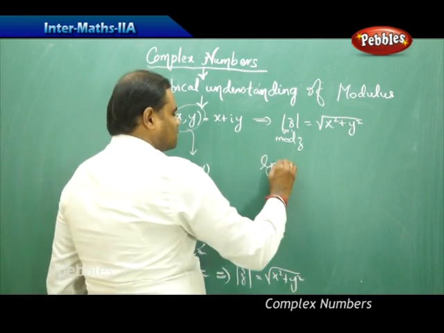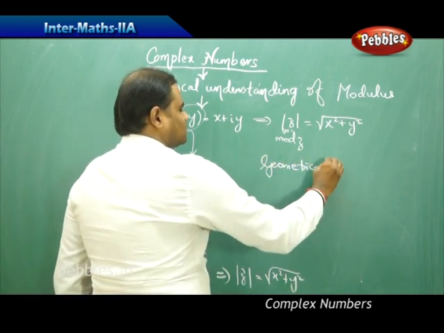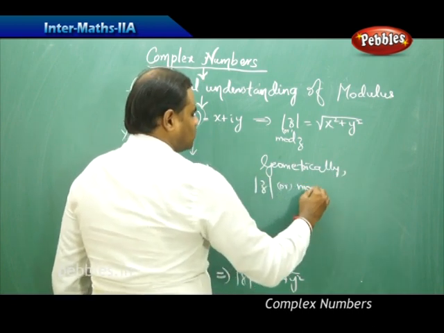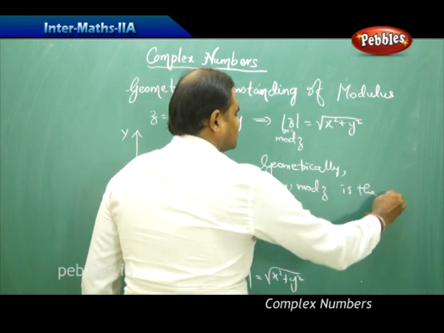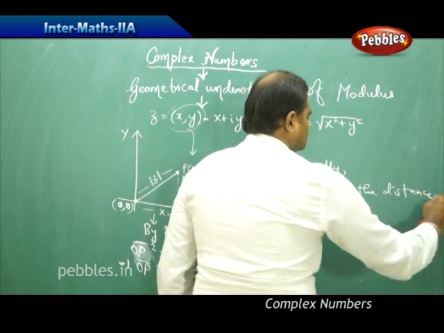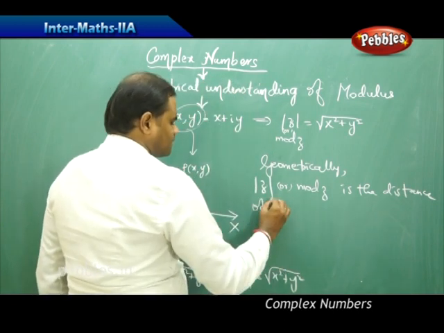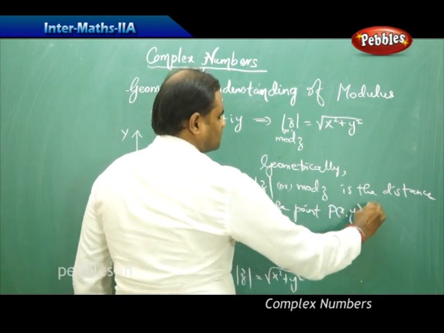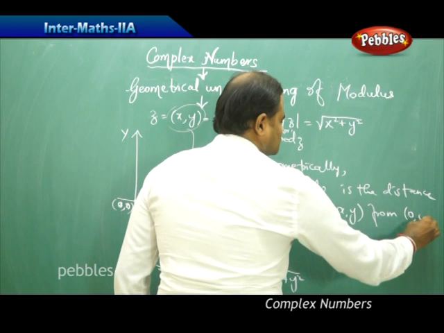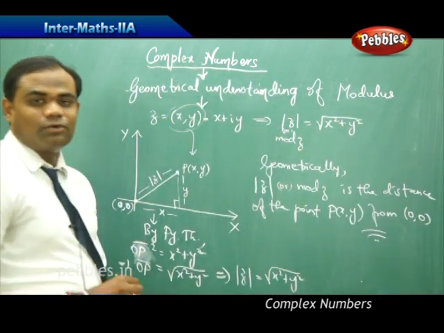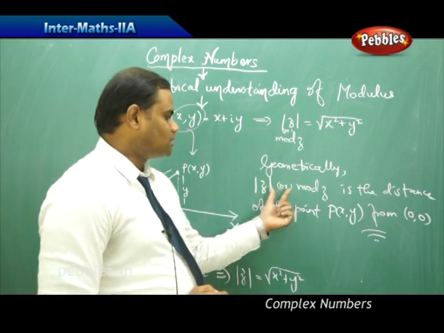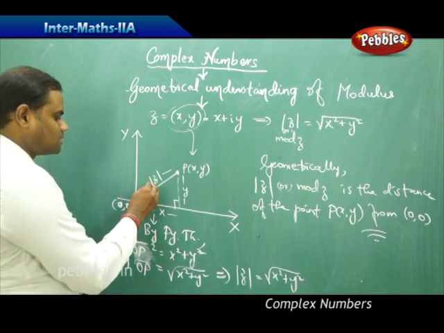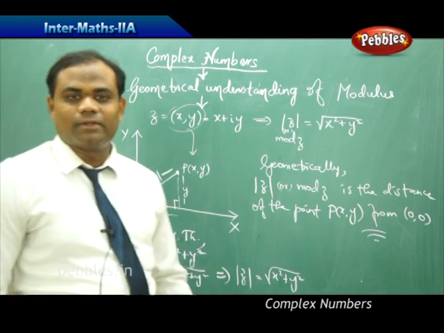So geometrically, we conclude that mod z or mod of z is the distance of the point P(x, y) from 0, 0. This is how we understand geometrically mod z or mod of z is the distance of the point P from 0, 0, this distance being mod of z geometrically.